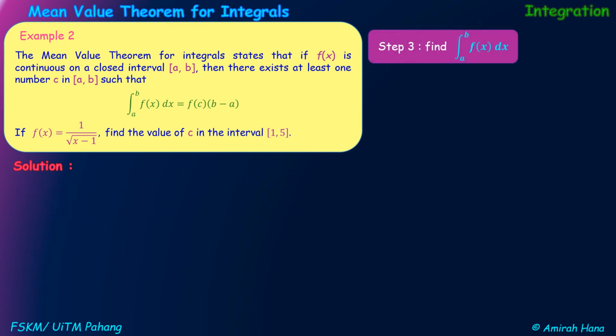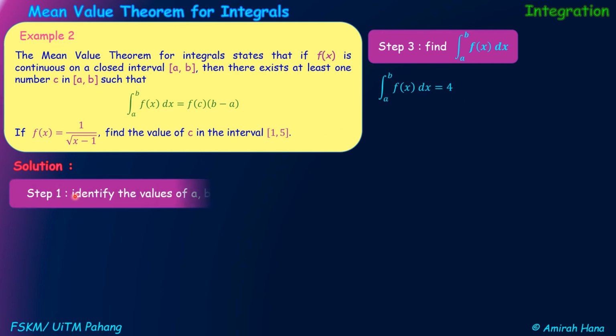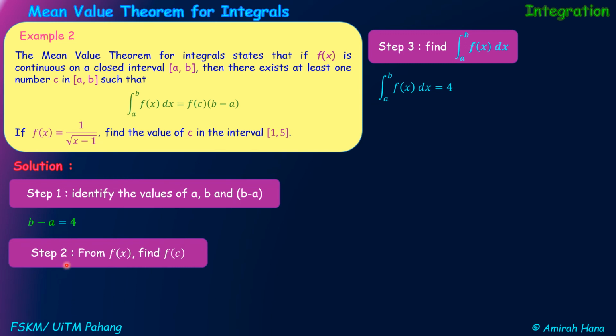From the previous slide, under step 3, we get integration from a to b of f(x) dx equals 4. And we recall that under step 1, we have b minus a equals 4. And from step 2, we get f(c) equals 1 over square root of c minus 1.